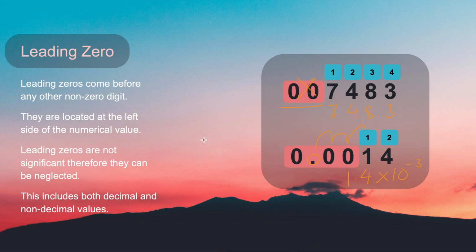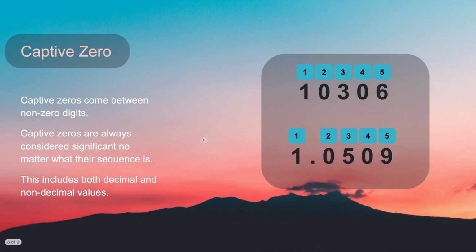So let's get to the captive zero. Captive zero, as I said in the previous slide, is the middle. This zero is positioned inside the non-zero digits. They are stuck inside of it, they cannot be on either the left or right of it, they are just in the middle.